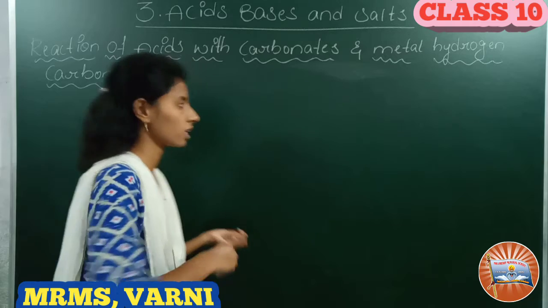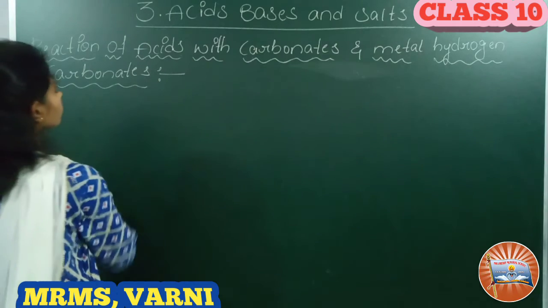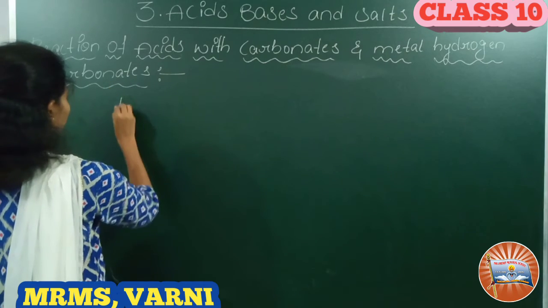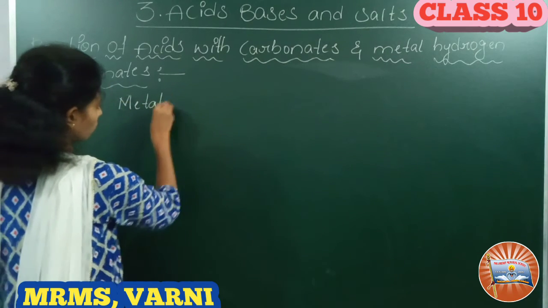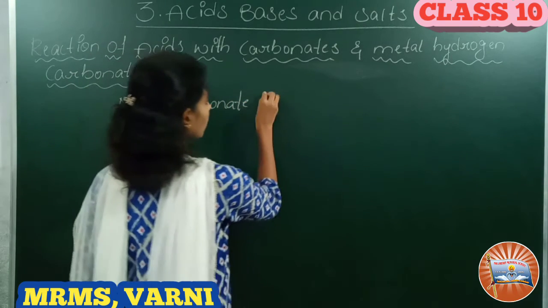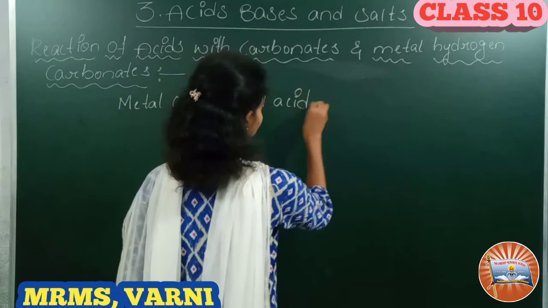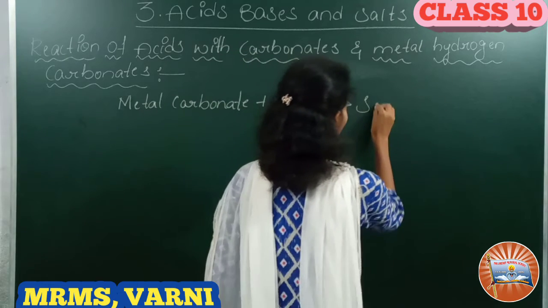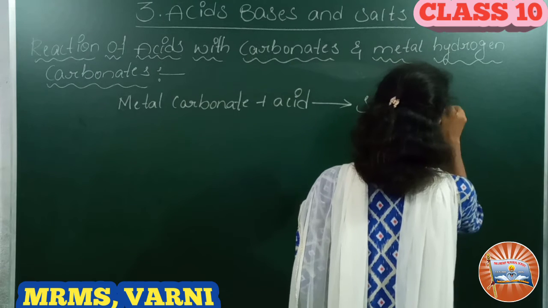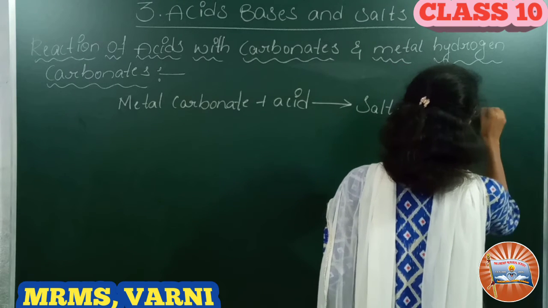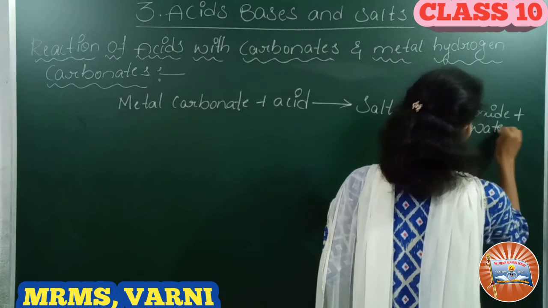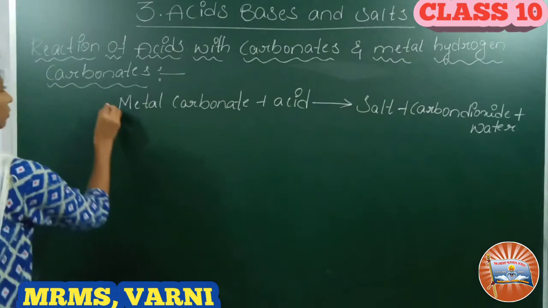In the form of chemical reactions, these reactions are: here we have metal carbonate plus acid. So it will form salt and carbon dioxide plus water, right?